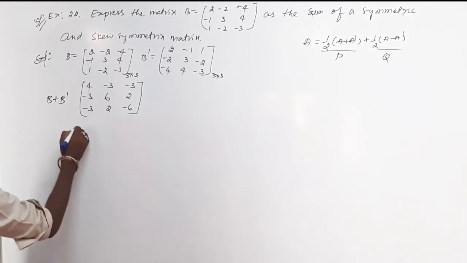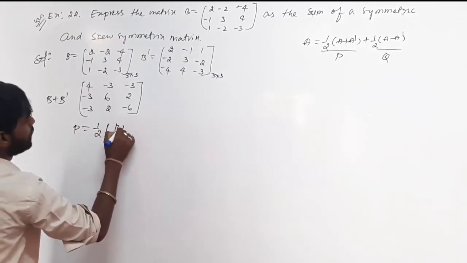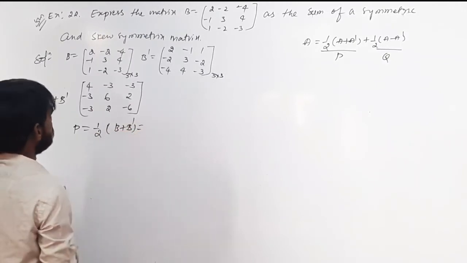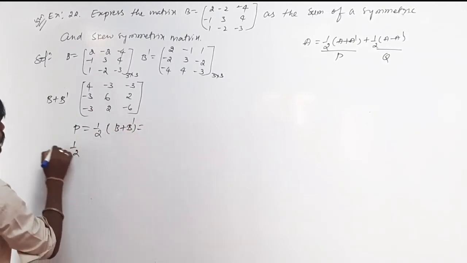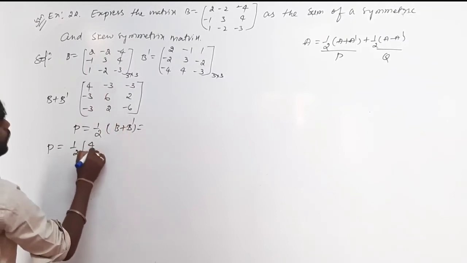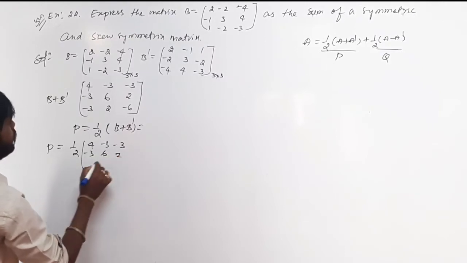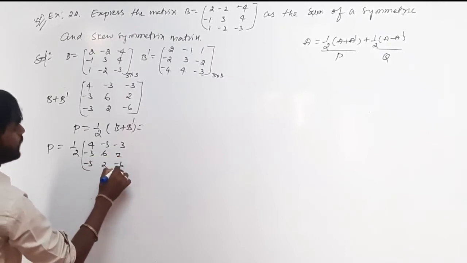Now I am taking P is equal to 1 by 2 into B plus B dash. So P is equal to 1 by 2 of B plus B dash, which is [4, -3, -3; -3, 6, 2; -3, 2, -6].